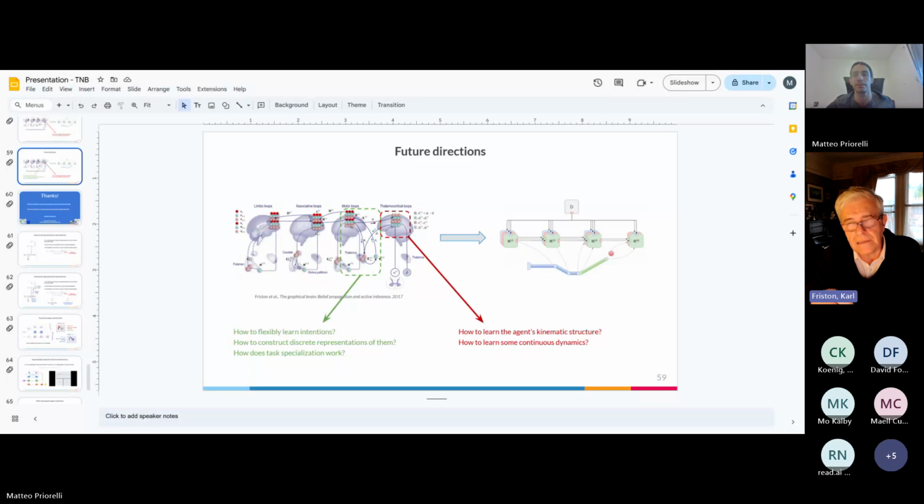Then you're using the forward kinematics model to specify both the proprioceptive and the visual consequences, and then using action, or the control variables, to minimize the prediction errors in the proprioceptive domain.